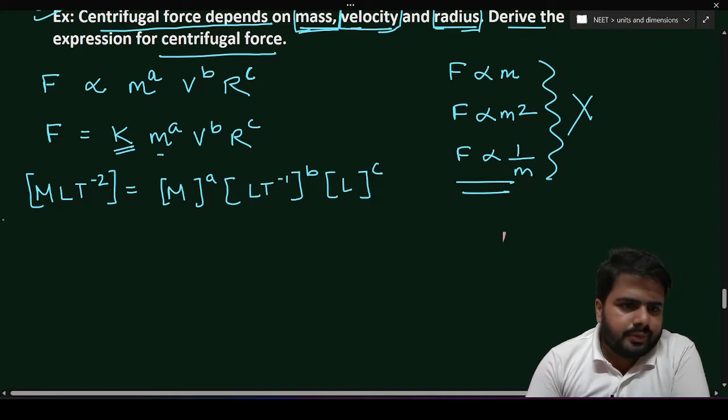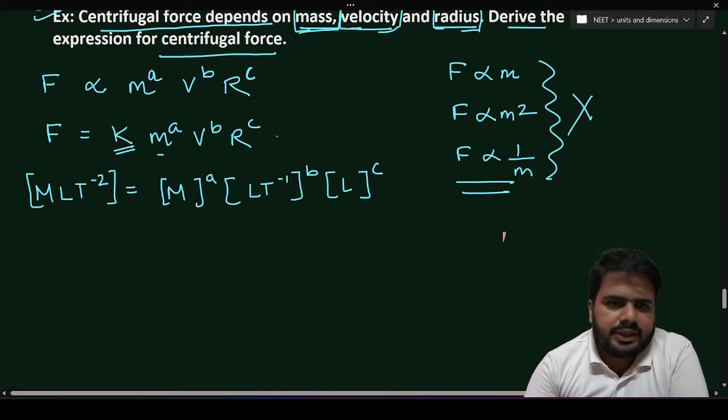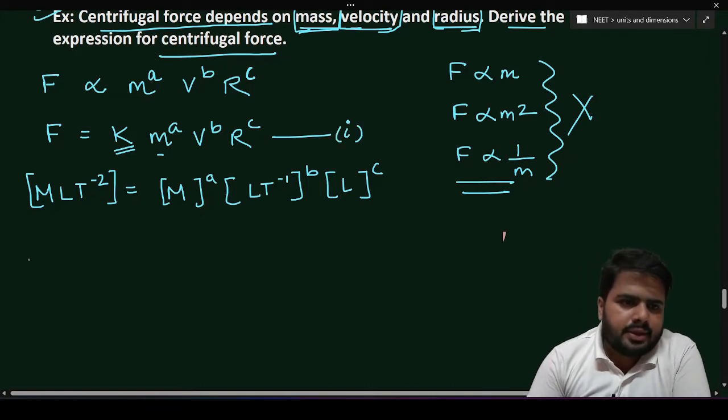Now let this equation be taken as our equation number 1. Now we will solve this equation and find the values of a, b and c. So it is M L T minus 2 on the LHS, and on the RHS it is M to the power a.